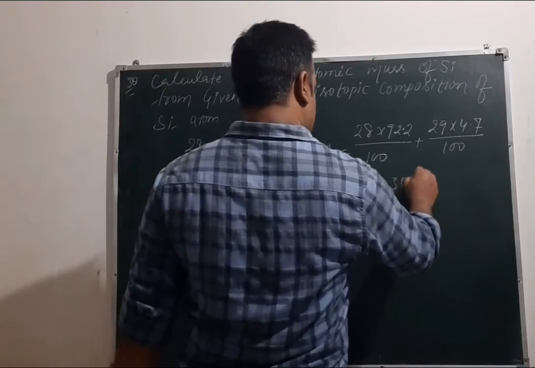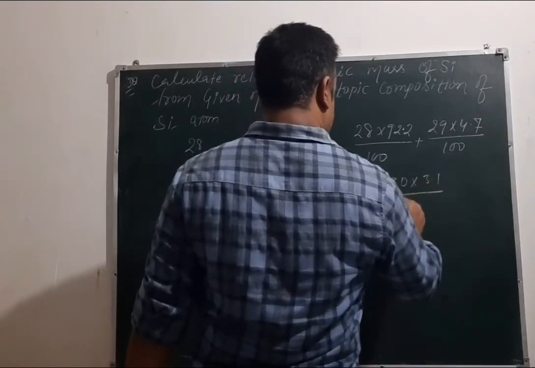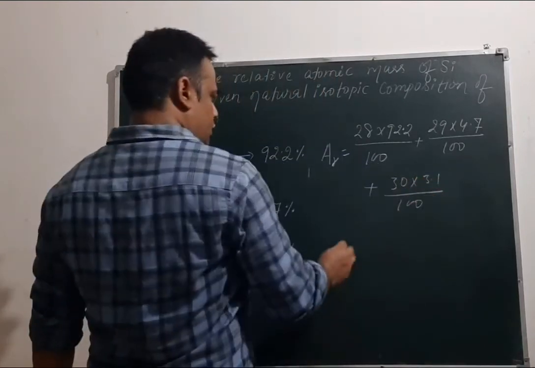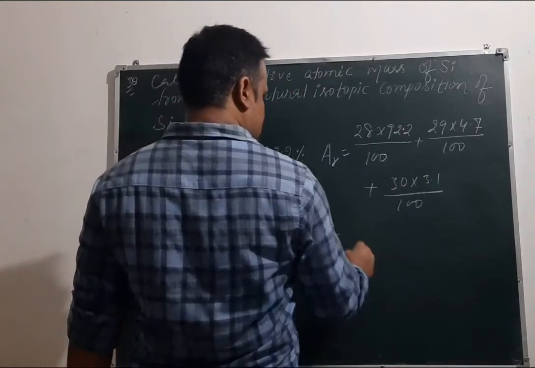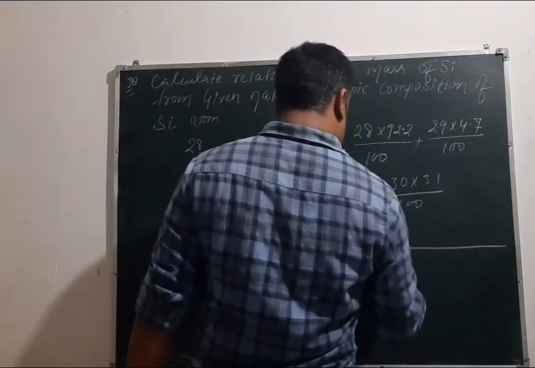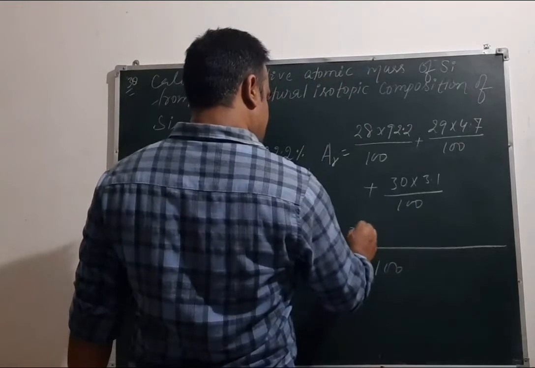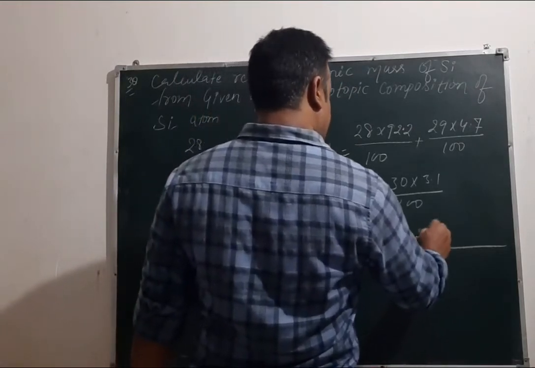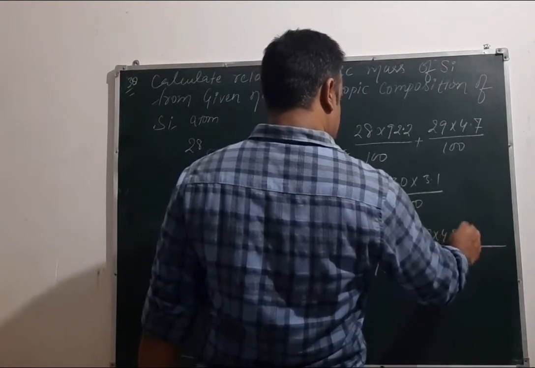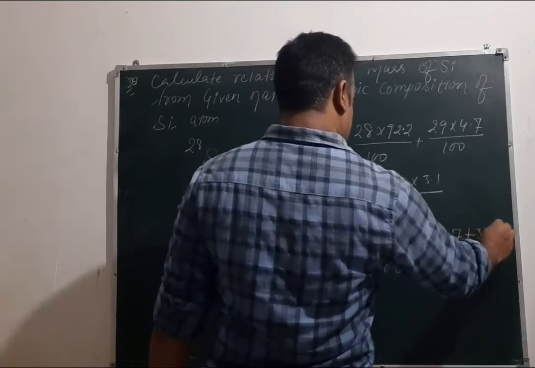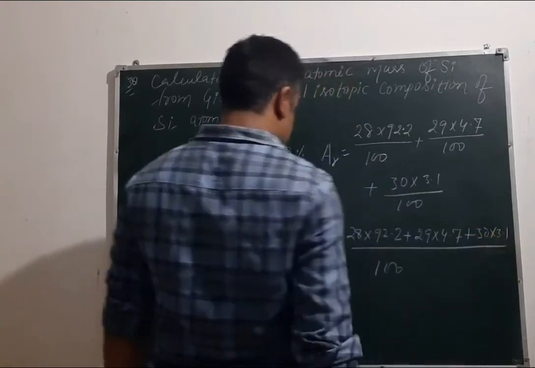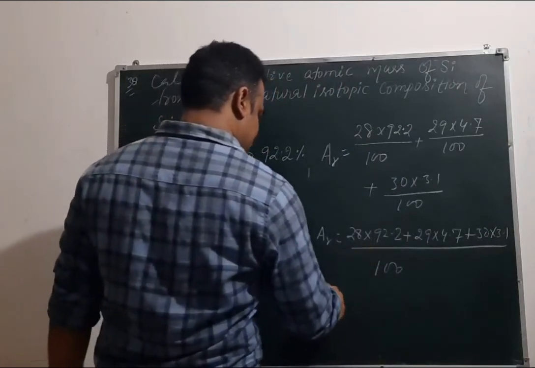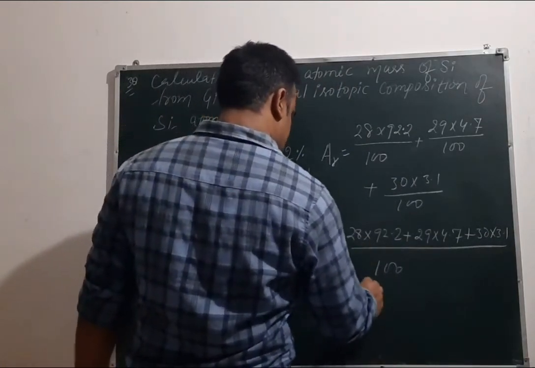If we take 100 common, we'll have 28 into 92.2 plus 29 into 4.7 plus 30 into 3.1. If we solve this, we will get the value 28.1.